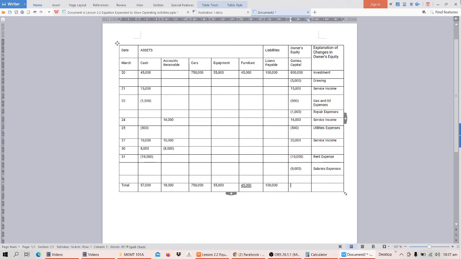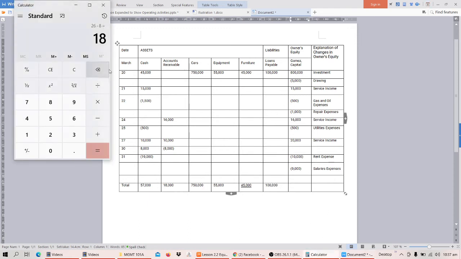And your owner's equity would be initial investment, 800,000. Minus the drawings, 5,000. Plus the service income, 15,000. Minus the gas and oil expenses, 500. Minus the repair expenses, 1,000.